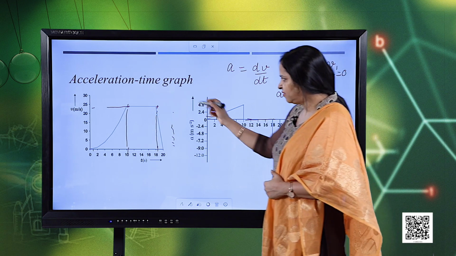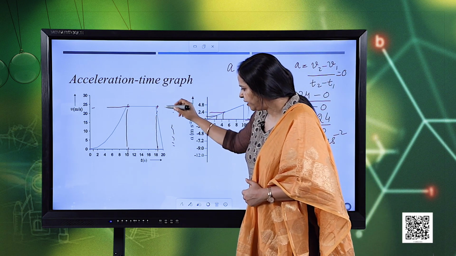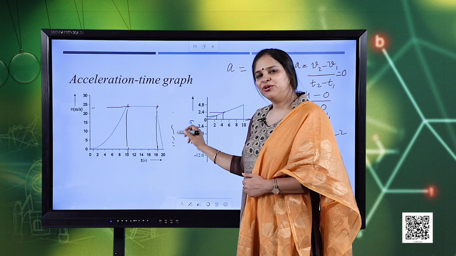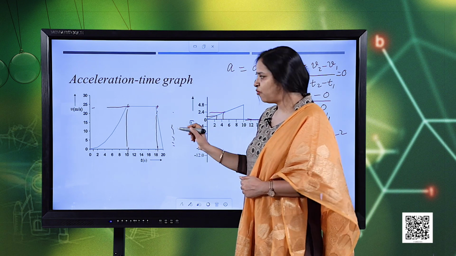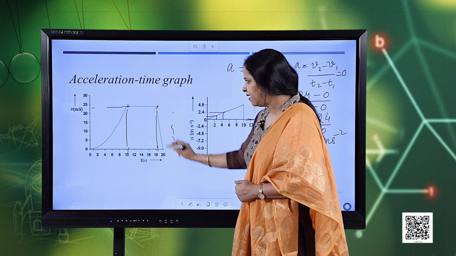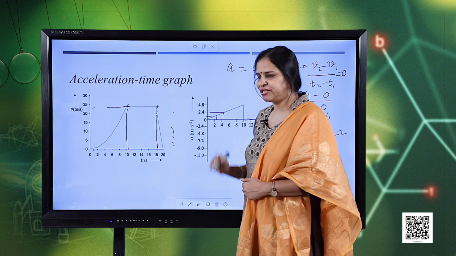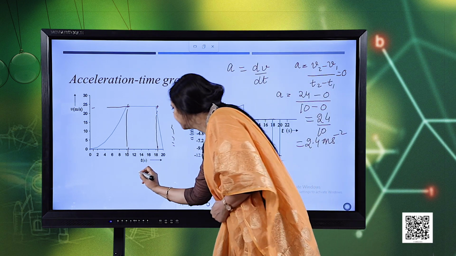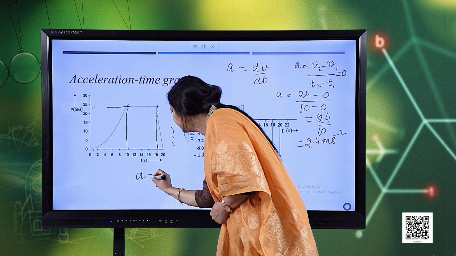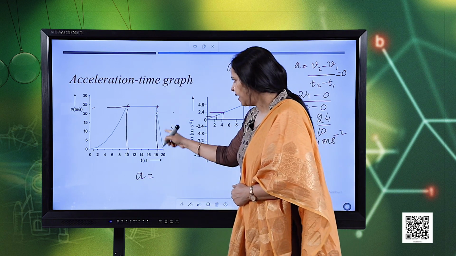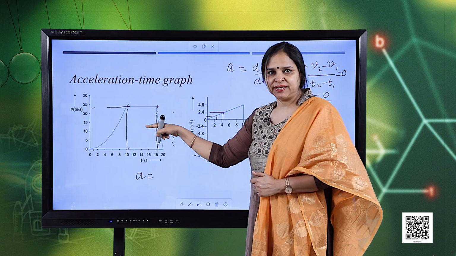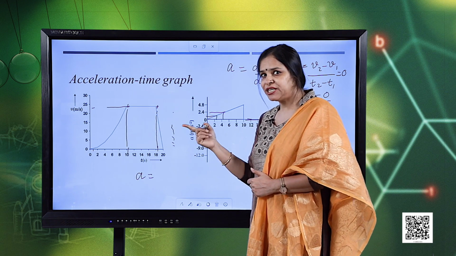Now, look at this plot between t is equal to 18 to t is equal to 20 second. What do we observe? Let us find out the average acceleration in this duration. It is v2 minus v1, that is the final velocity minus the initial velocity.